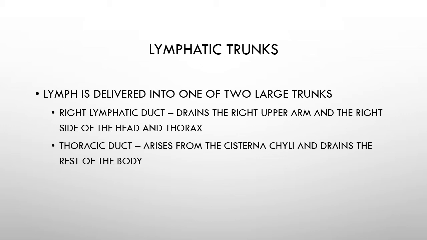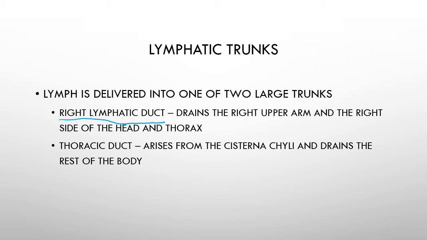As they keep coming into the trunks themselves and move into the ducts, this is where we have a split in terms of how much each of them covers. The right lymphatic duct only drains the right arm, the right side of the head, and the right side of the thorax. That's the only part that it drains.